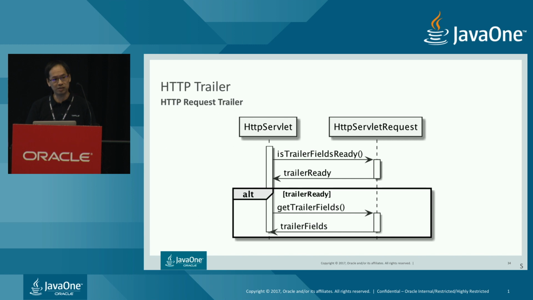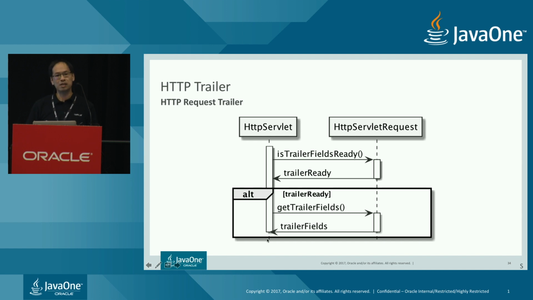If it's not ready and you try to call it, you will get an exception. So the right way to do it is to call isTrailerField_ready, get the Boolean return, and check whether the Boolean is true. If it's true, then you get the trailer field, and then you return. Okay?